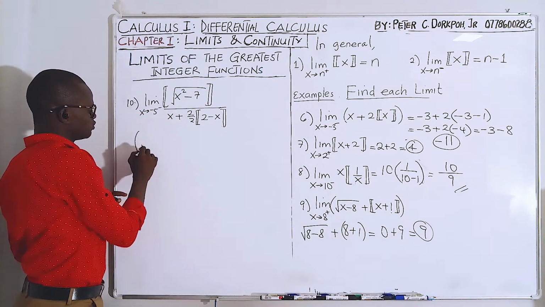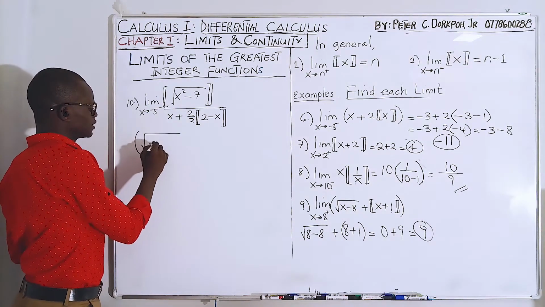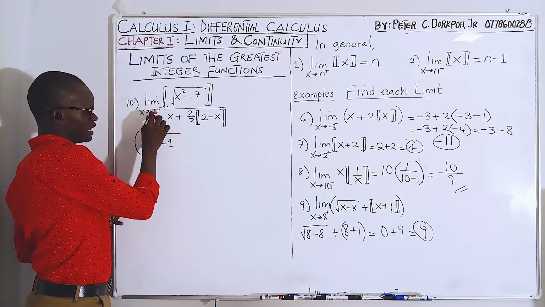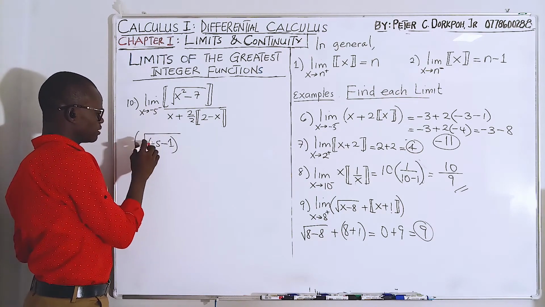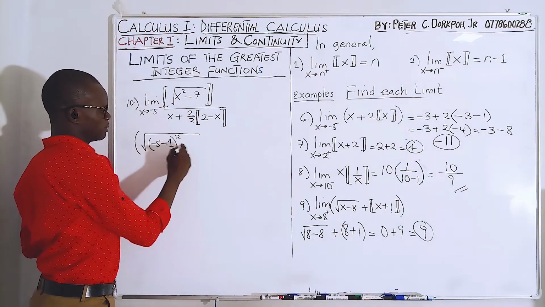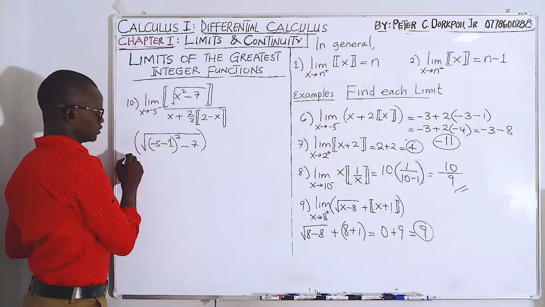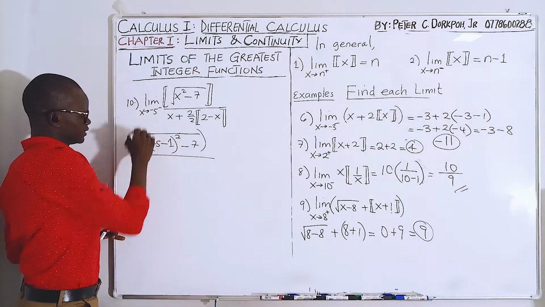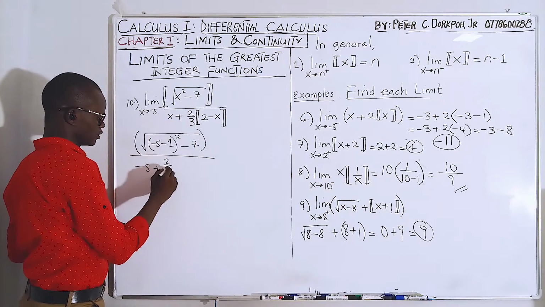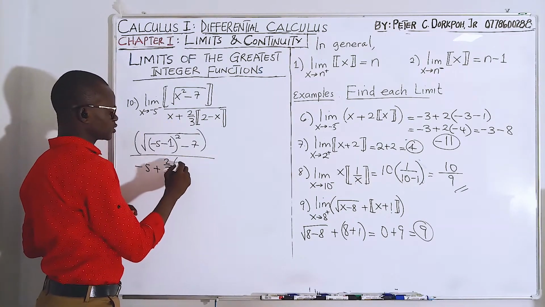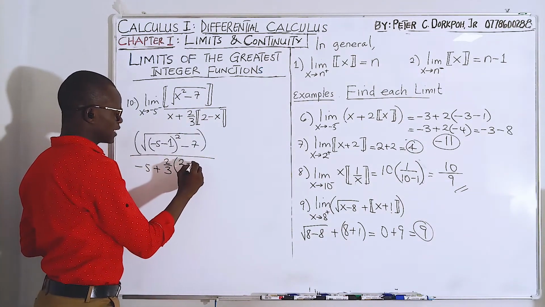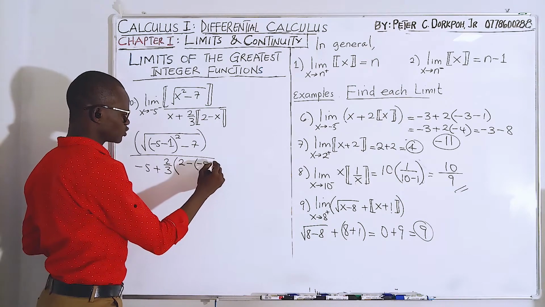For the numerator you have the square root of minus 5 minus 1, because it is approaching minus 5 from the left, so we subtract 1 from within minus 5. This is now x squared, the first one is x squared minus 7, divided by x, which is minus 5 plus 2 over 3, times 2 minus x, which is now minus 5 minus 1.